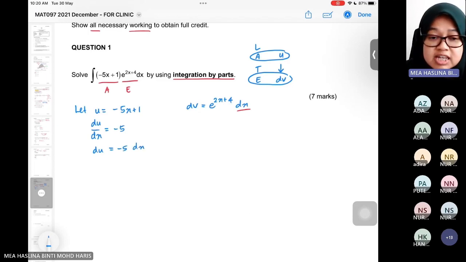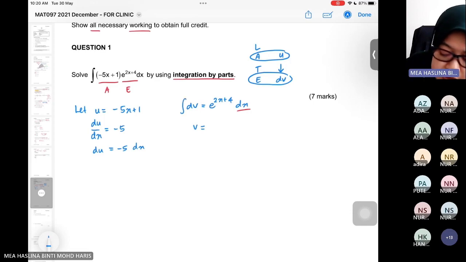You can also start marking your work that you have done while we discuss, so that you don't miss the steps. Then for v, we integrate both sides of our choice of dv. So v will be e to the power of 2x plus 4 divided by 2.